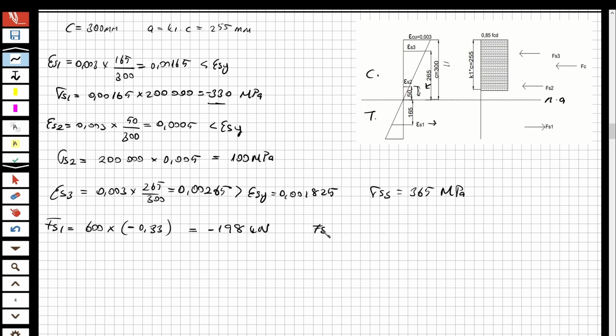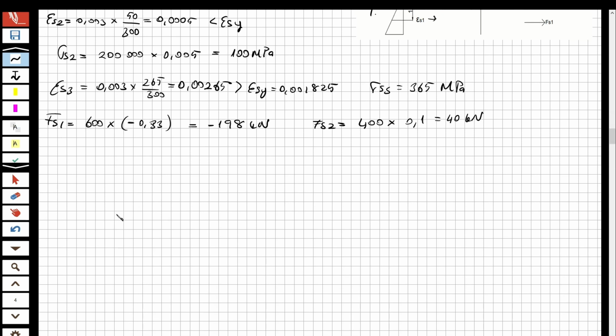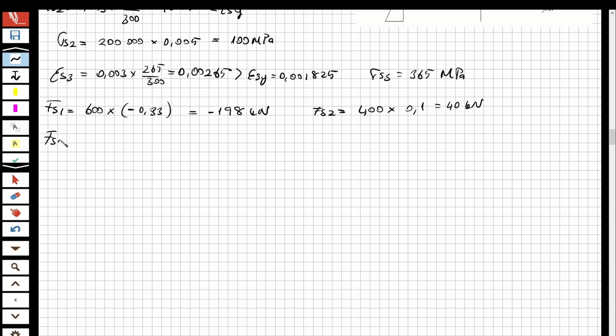And for Fs2, it's going to be the area of the steel, 400, multiplied by the stress, 0.1, and this is going to be equal to 40 kilonewton. Okay, so let's do it for the third one, Fs3, and this is going to be 600, the area of the steel, and we have 0.365 as the stress, and this is 219 kilonewton.